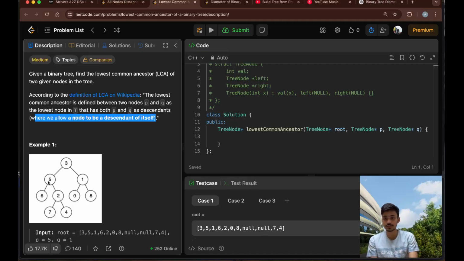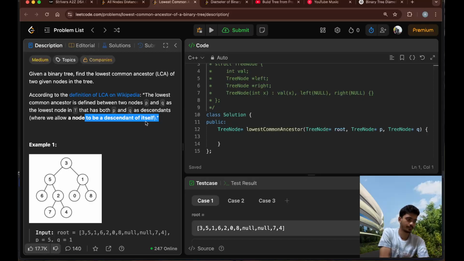For example, if 5 and 1 are our P and Q, then 3 is our LCA because it's the first node which has P and Q in its subtree. Also, a node can be a descendant of itself.